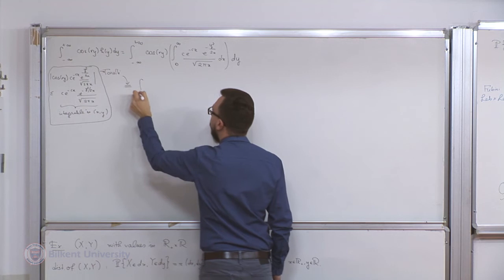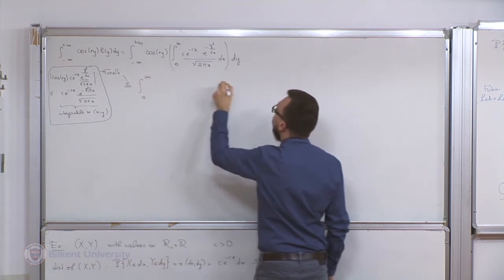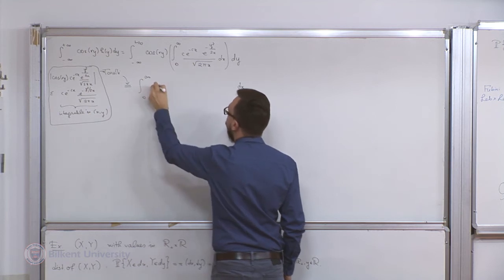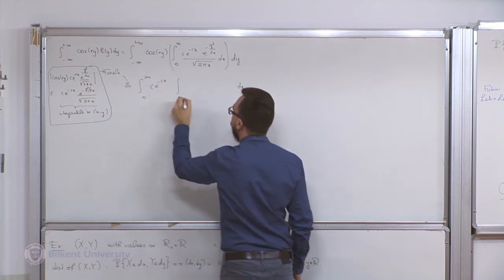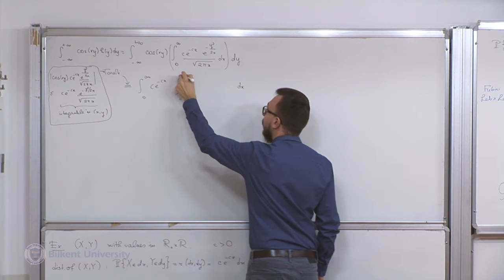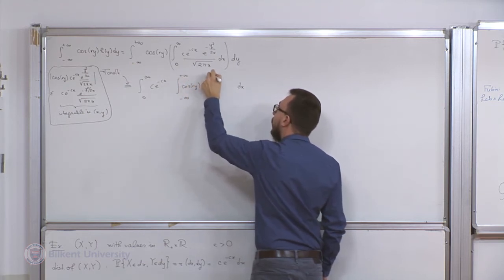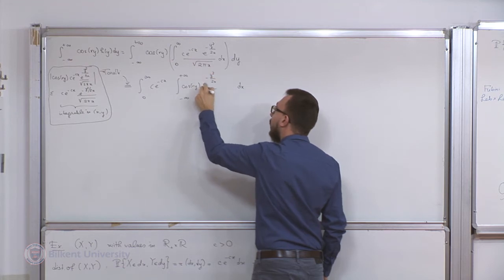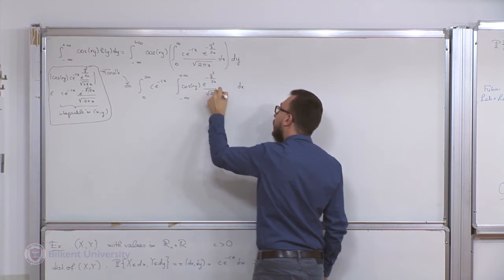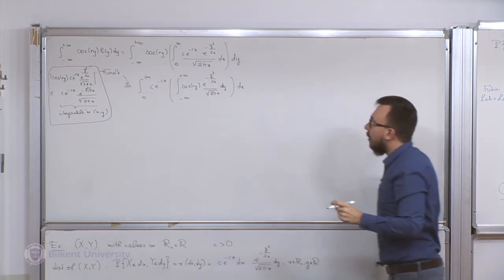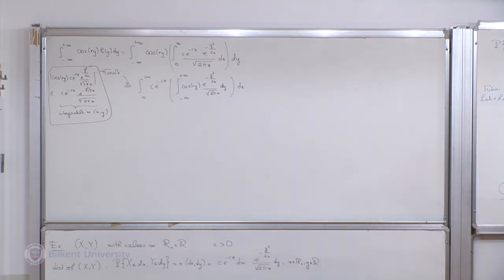So if we do it, 0 to infinity dx, what is the part about y? So this is minus infinity to infinity, cosine ry, e to negative y squared over 2x, over square root of 2 pi x dy. We changed the order of integration.